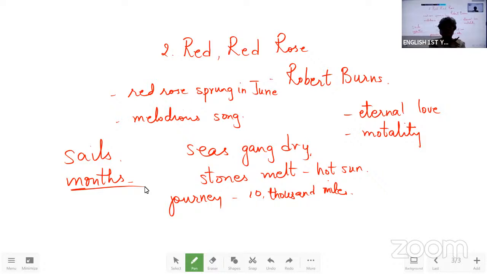So keeping all this in consideration, when he goes on the journey, he promises his wife, his beloved, that he would definitely come back and meet her again. The journey was to a long distance away, far away. But yet he promised to meet her again. Maybe he meant in the afterlife.